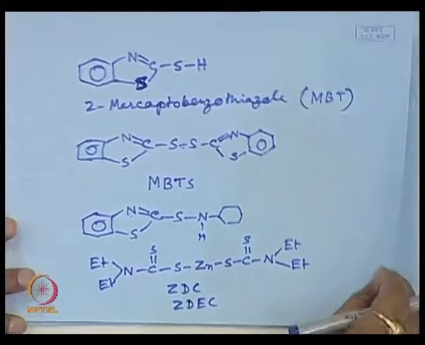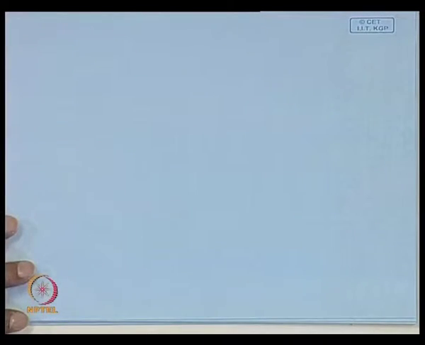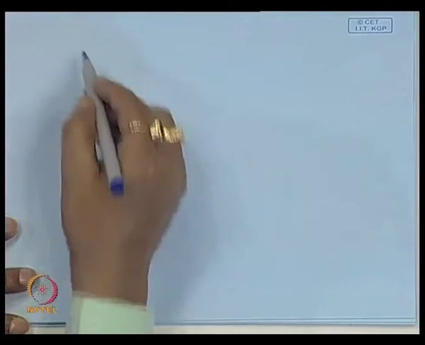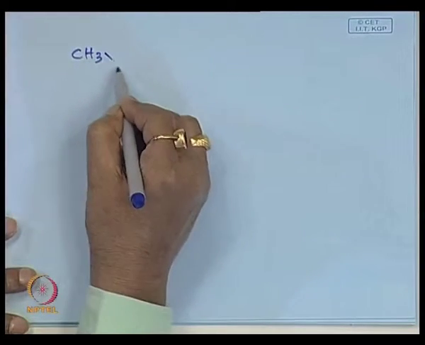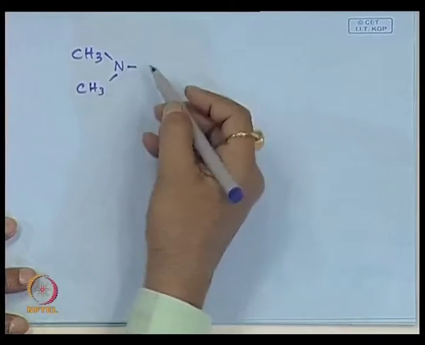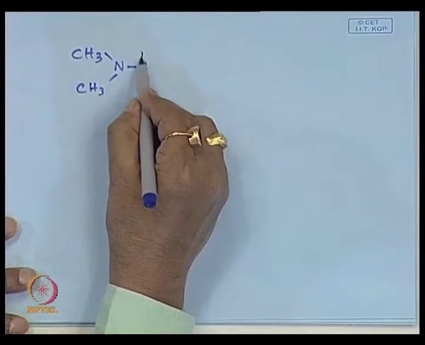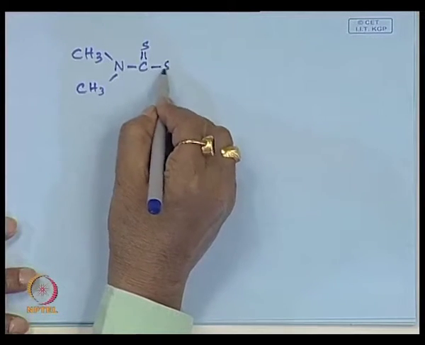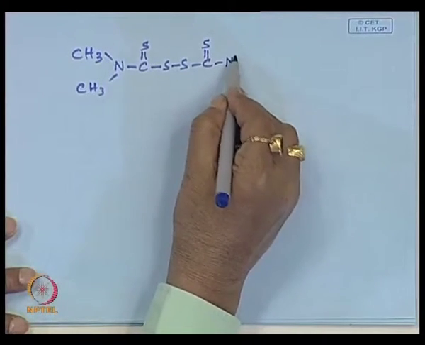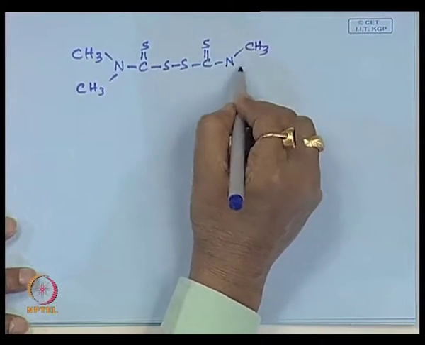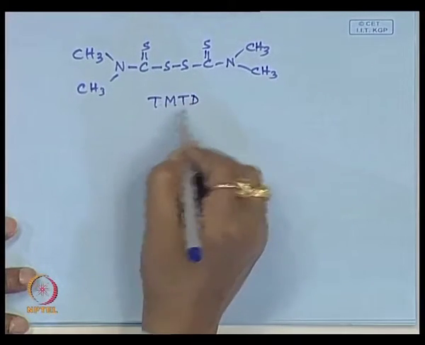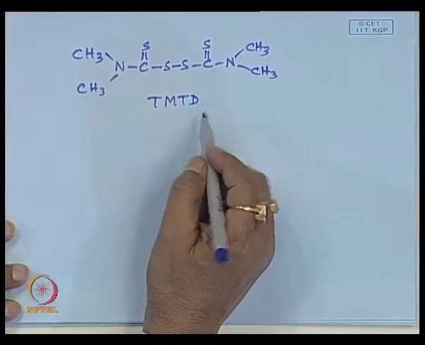Then the next category is TMTD, thiuram disulfides, thiuram sulfides, say tetramethyl thiuram disulfide.